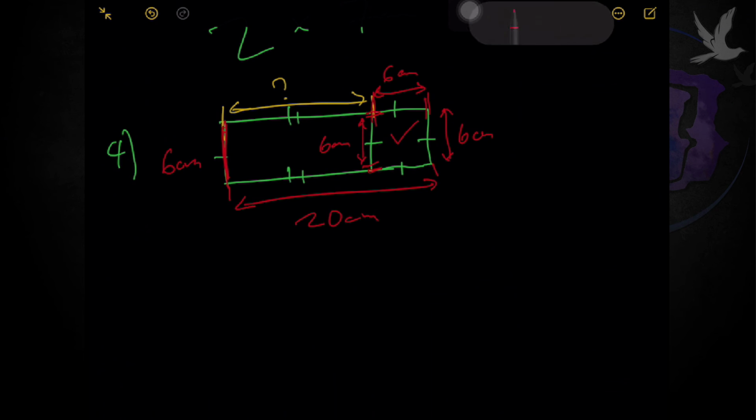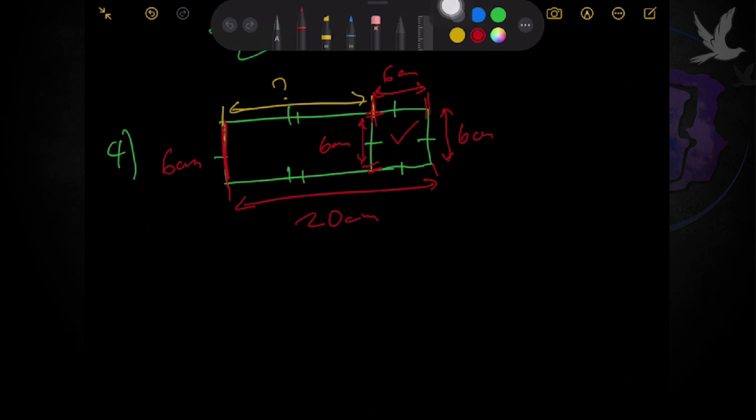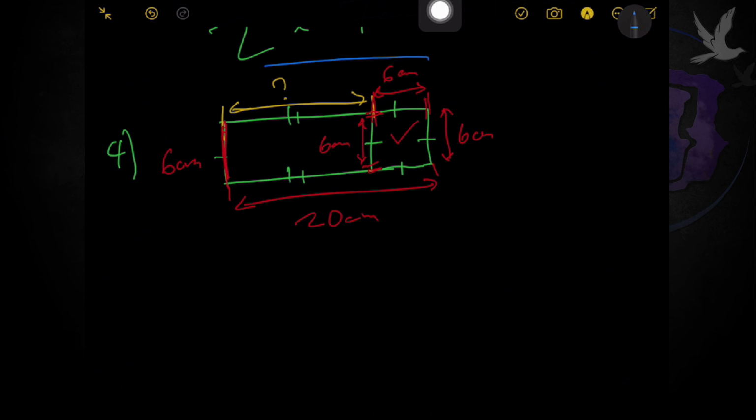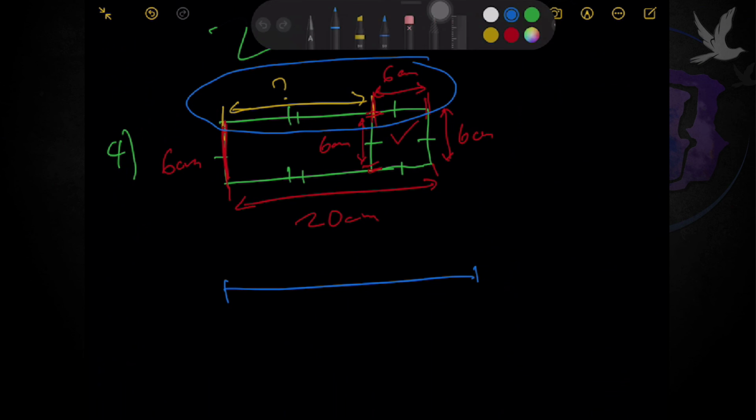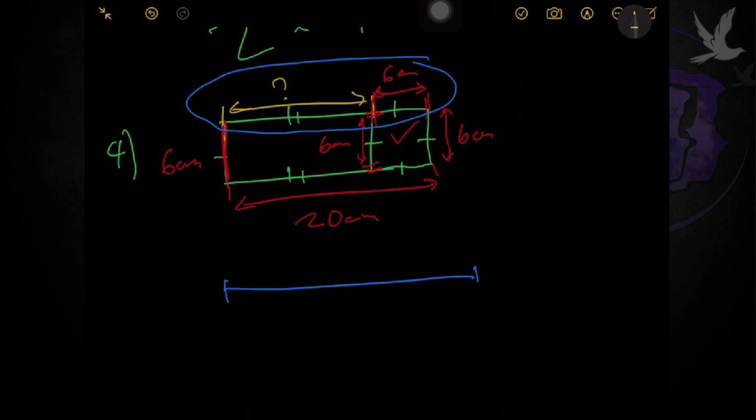Okay. And if you notice, let's take this line out here. Since they are opposite sides, we know that the total length of this part is 20 centimeters as given there.